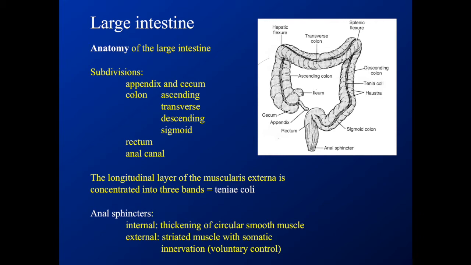The anal sphincters at the bottom, there are two of them: the internal, which is a thickening of smooth muscle, and then the external, which is striated muscle under somatic and therefore voluntary control.